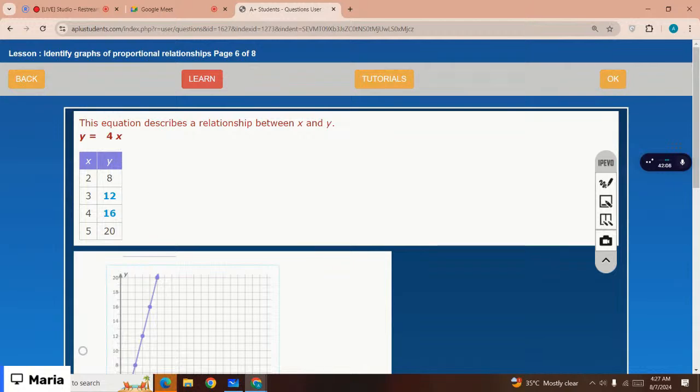The equation describes a relationship between X and Y. Y equals 4X.